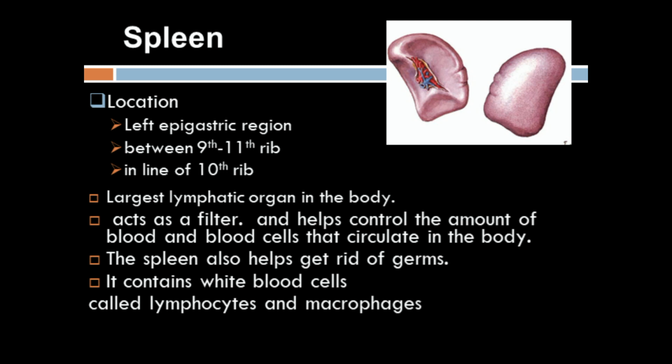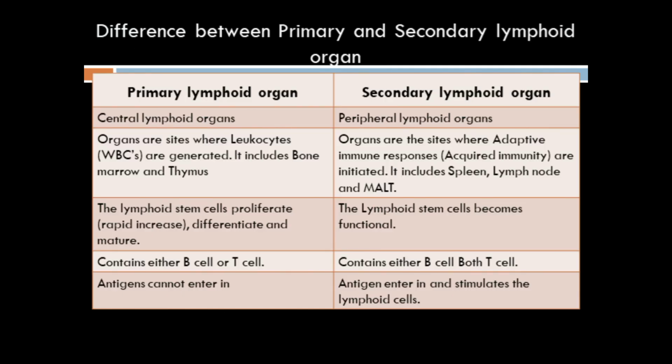It acts again as a filter and helps control the amount of blood and blood cells that circulate in the body. The spleen also helps get rid of germs, right? So that is the main function of the lymphatic system, right? It contains white blood cells called lymphocytes and macrophages.